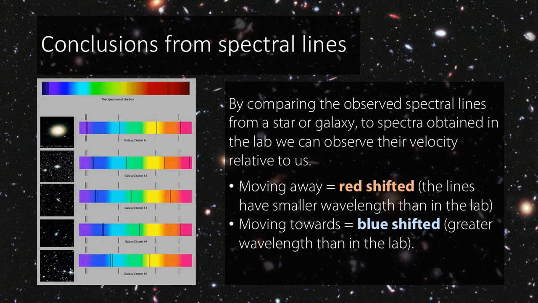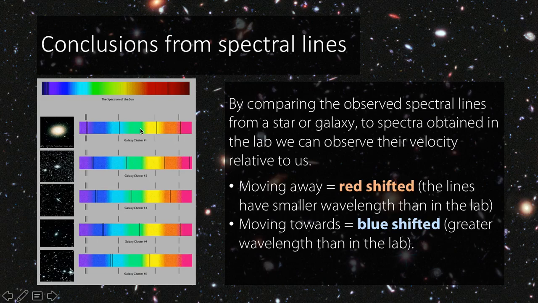It's also caused by the radiation stretching as the universe expands. But basically, you can tell if an object is moving away from us or moving towards us. And here's some data which illustrates that. The lines either side of the spectra are where these lines would appear in the lab, or maybe in our own sun.